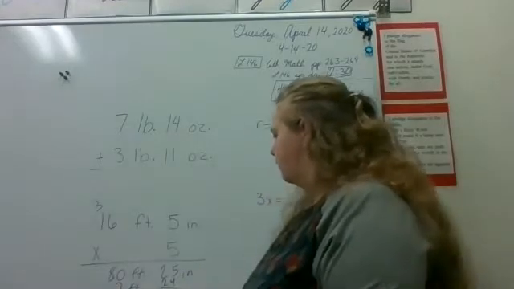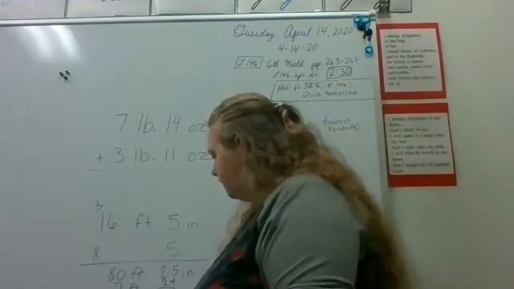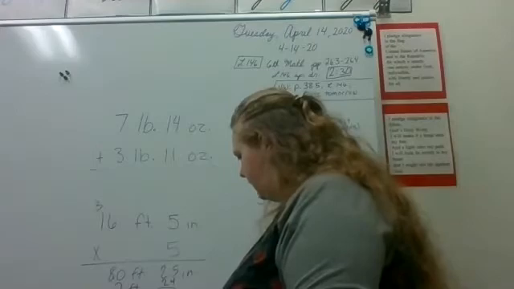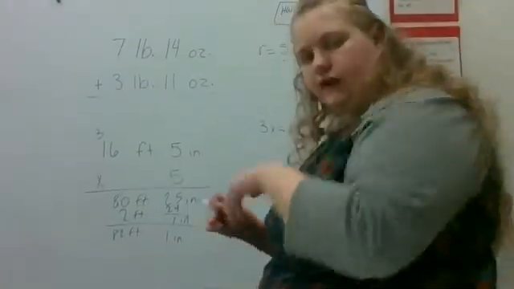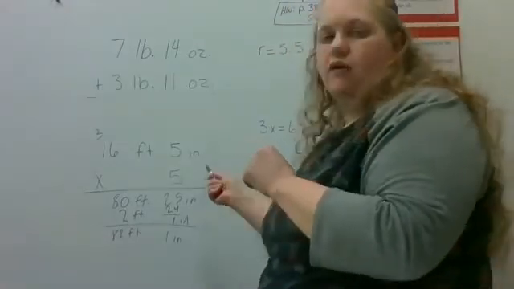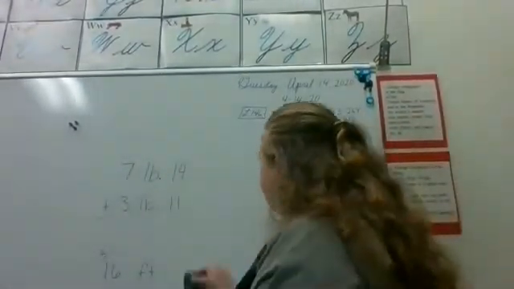Okay, so we're going to add this and we get 82 feet and 1 inch, okay? Let you see that, 82 feet and 1 inch. So that would be how to multiply. If you're having questions on addition, subtraction, multiplying of those, please let me know.